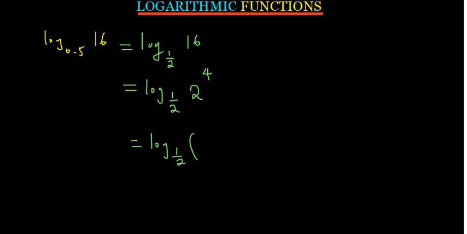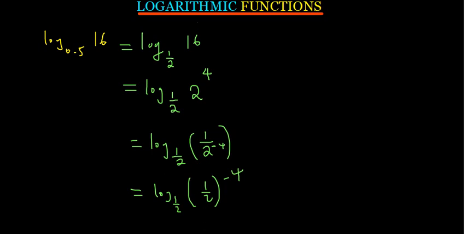If I make this 2 to be 1 over 2, meaning that this 2 has gone down, the power will become negative 4. So that is the trick here. And this will be log in base 1 over 2 of 1 over 2 to the power negative 4.